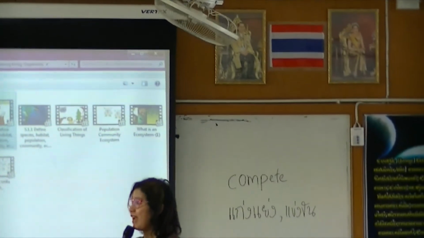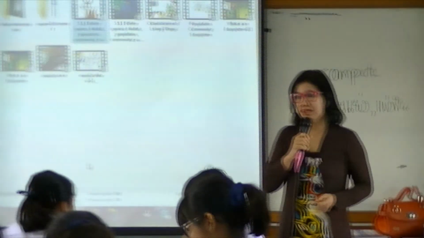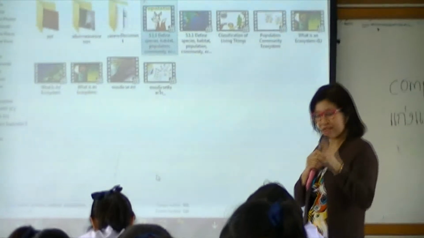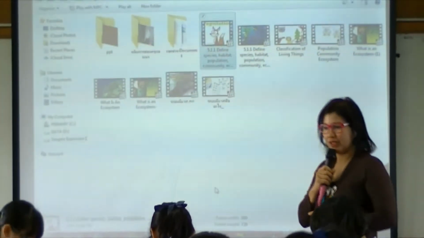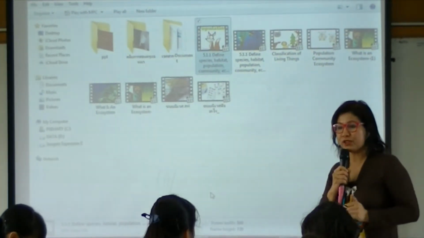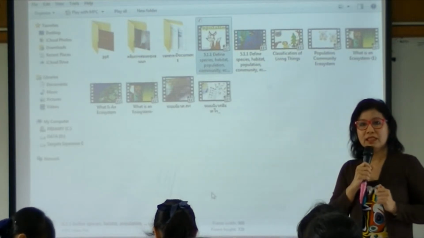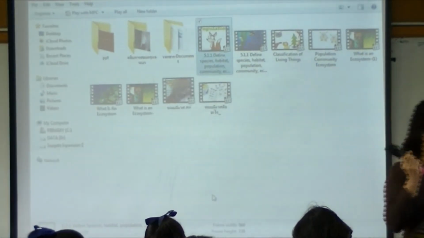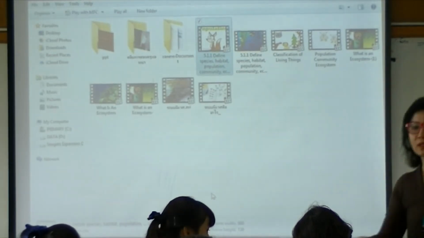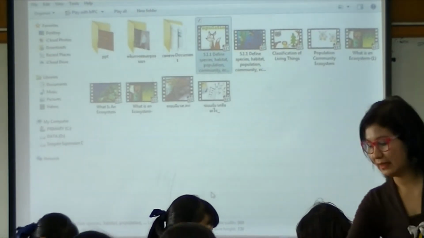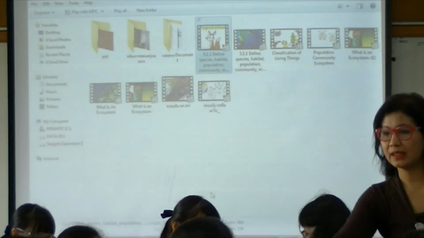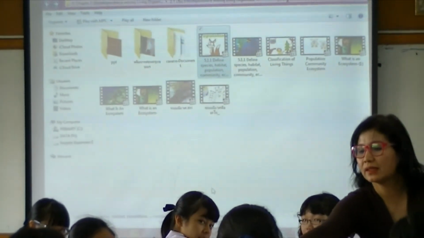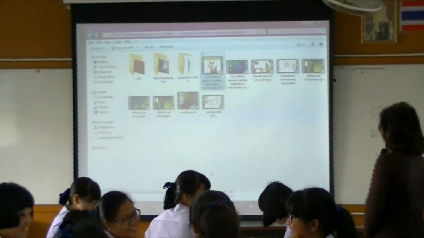The habitat is the place for living organisms to live, for shelter. What does shelter mean? What does shelter mean in Thai? ที่พักอาศัย Very good.